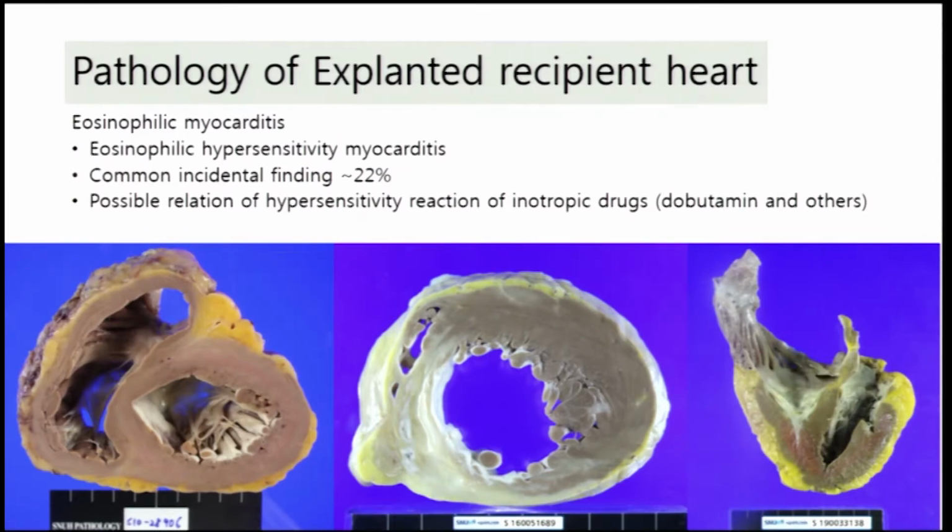Some reports say the incidence of eosinophilic myocarditis among DCMP is 7% or 22%. Even 7% is very high.